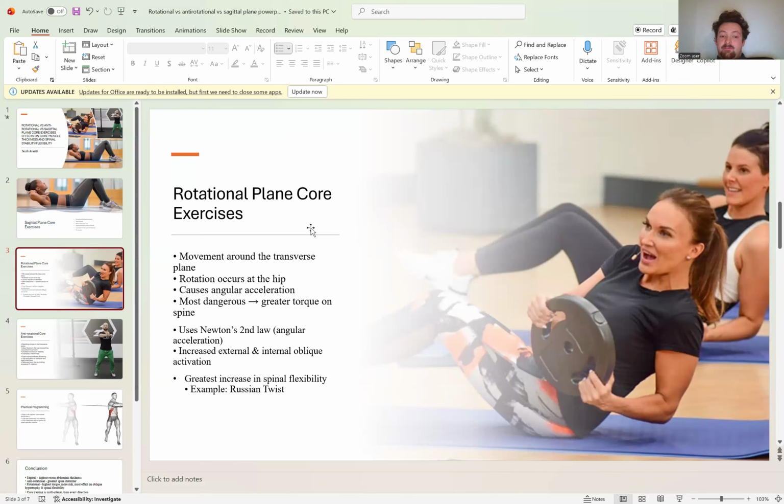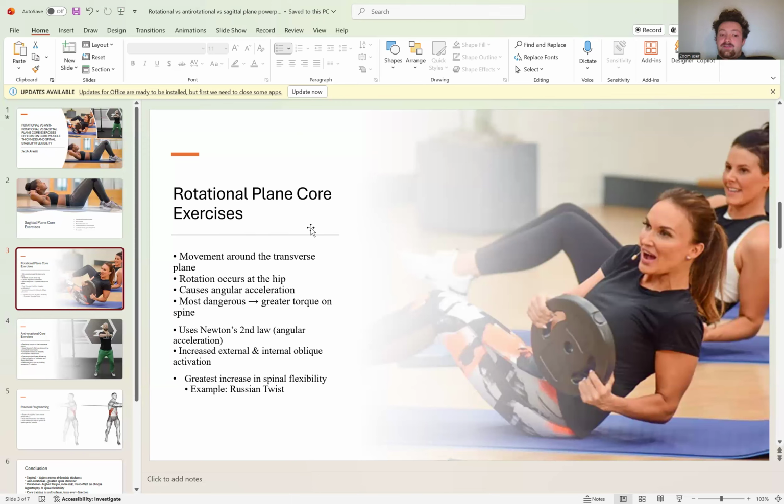It is actually the most dangerous exercise because anytime your spine is rotating to a great degree, it can be very dangerous depending on the load and the speed at which you are rotating. So these types of exercises use Newton's second law, angular acceleration, moving at an angle.